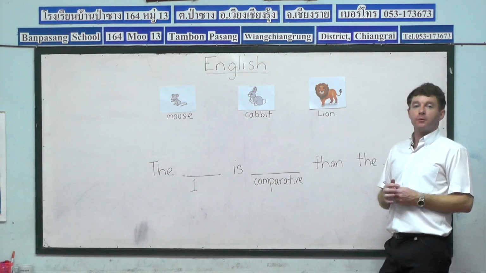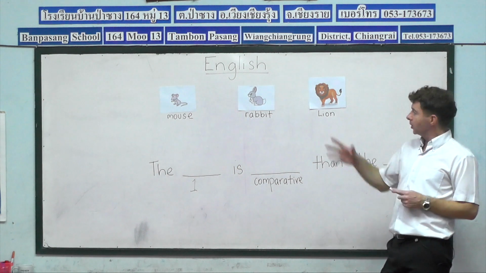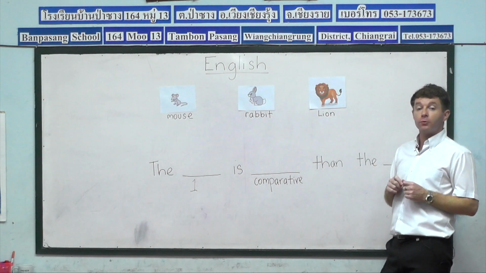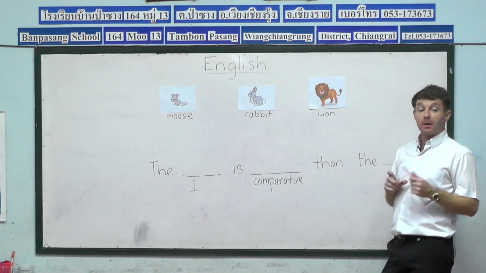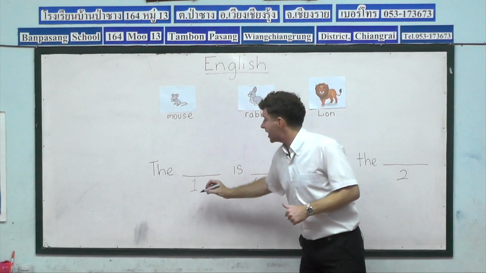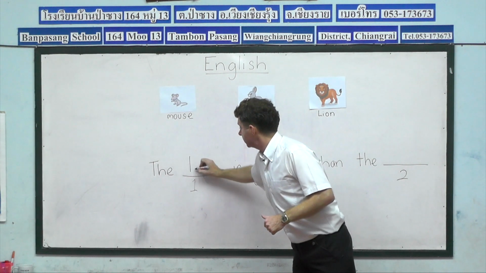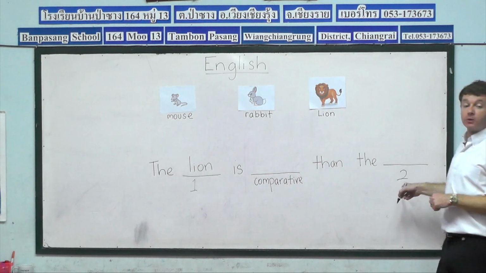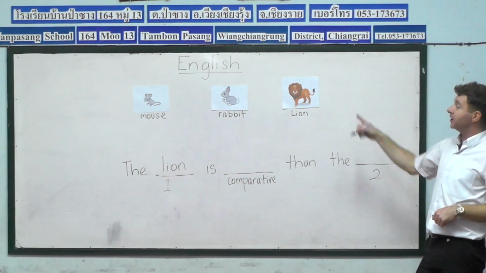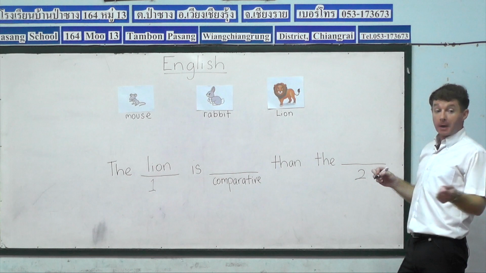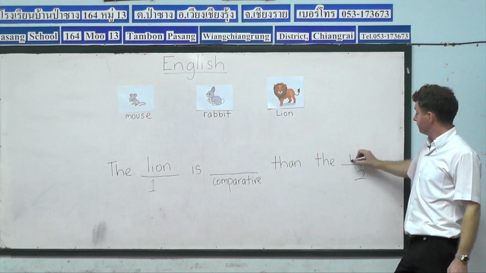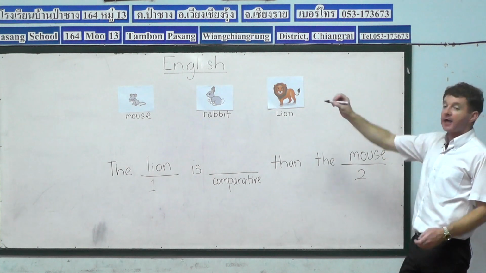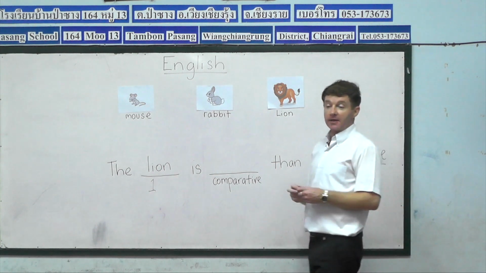So for example, I will do one to demonstrate first. Who can give me an animal to use as the first word? What animal? Lion. Okay, so how do we spell lion? L-I-O-N. Okay, now what shall we use as the second animal? The lion and the mouse. Okay. So who can tell me something about the lion and the mouse?